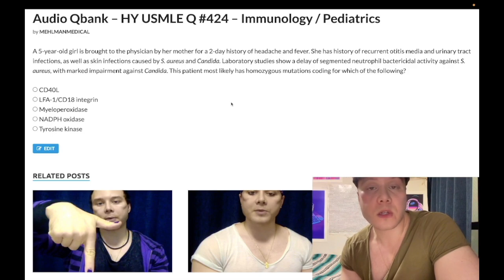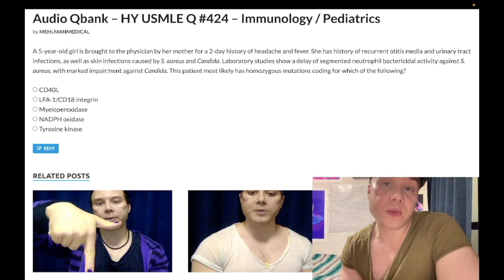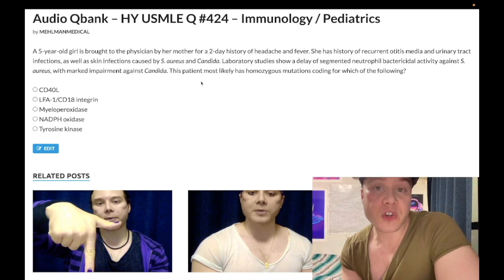So we have a child here, which would make it more likely to be the X-linked recessive variant if it were CGD. Because we can get Staph aureus and candidal infections in NADPH oxidase deficiency. So that detail about the genetics is important.